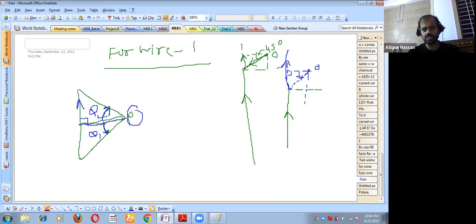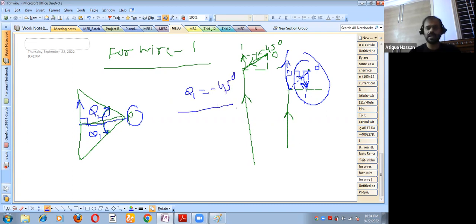If you can see here, both the angles are in the same direction, both anti-clockwise. In the earlier case we had two angles, one anti-clockwise and another clockwise. But here both angles are in anti-clockwise direction. So the main thing is that we have to take one angle as minus 45 degree, and the directions are opposite for V1 and V2. So when you subtract, it will get added. Getting my point? When we subtract, it will get added.